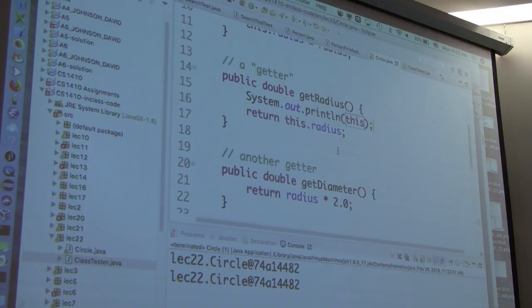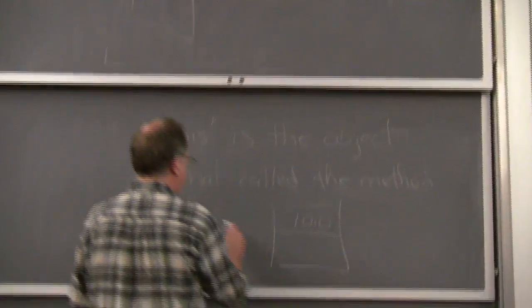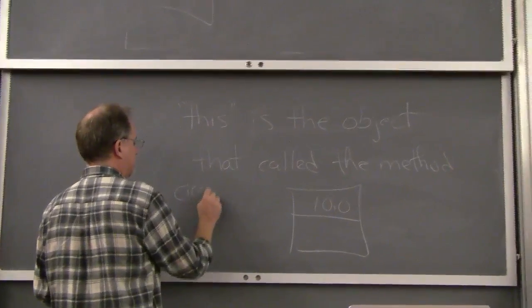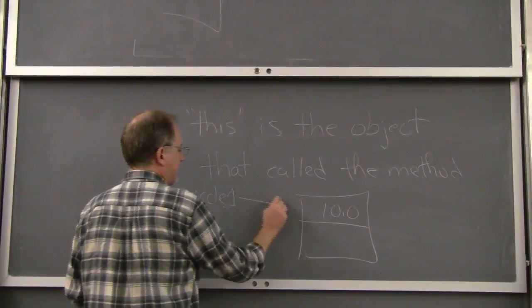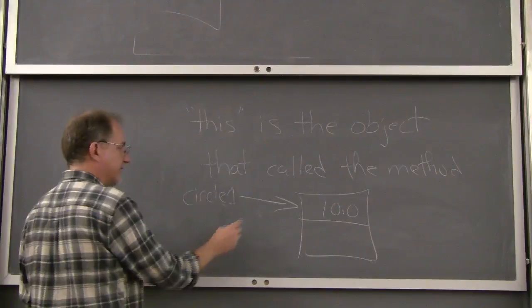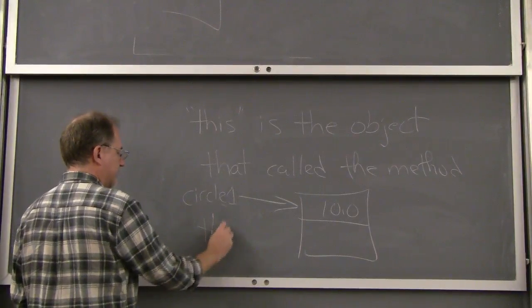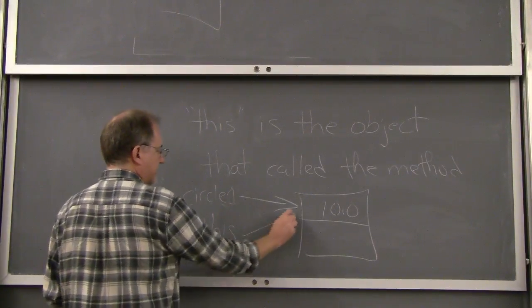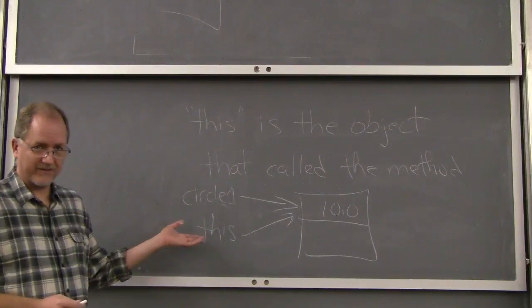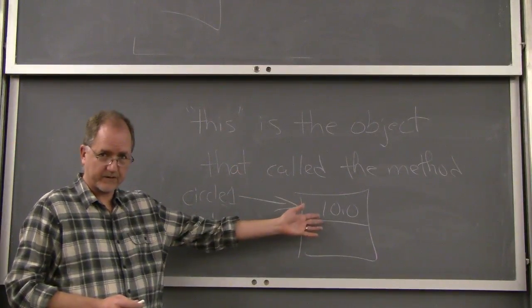You get that? So in this case, if I have circle 1, and it has a radius of 10, and it references this object, inside class code, this is an automatic variable that also references that same object.